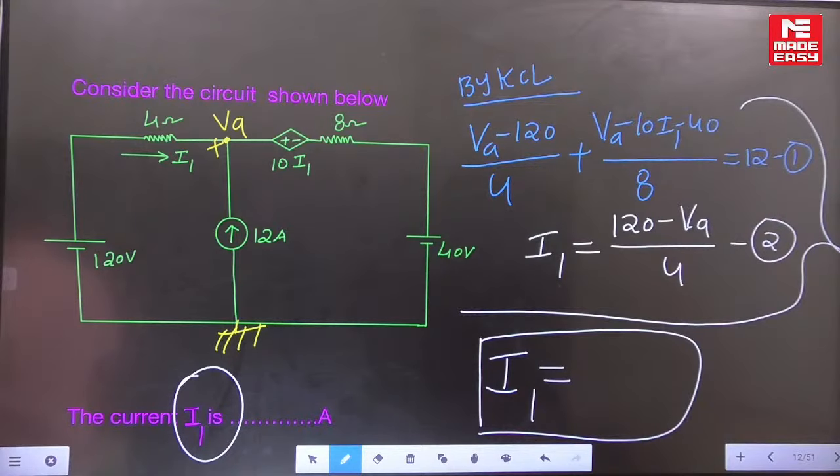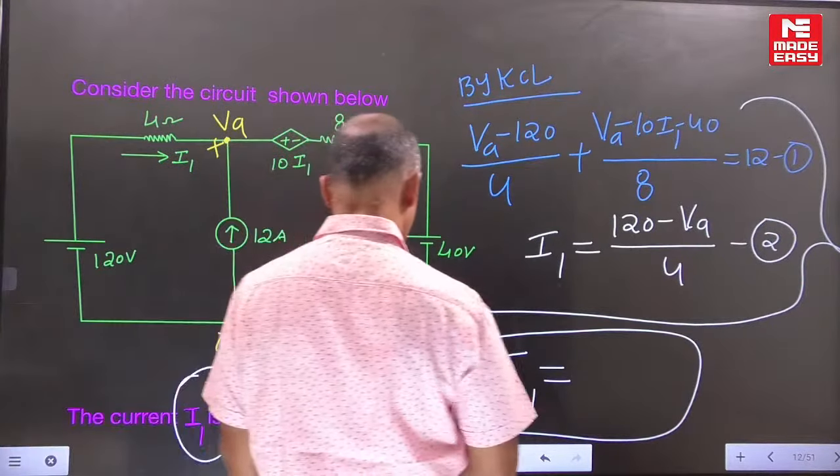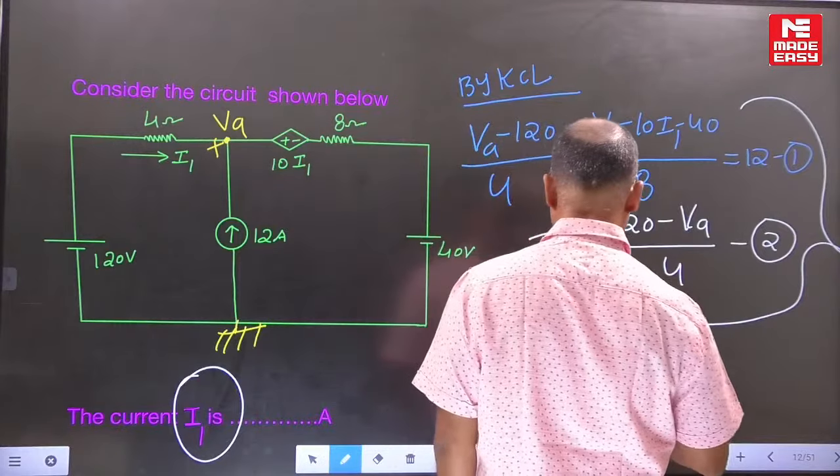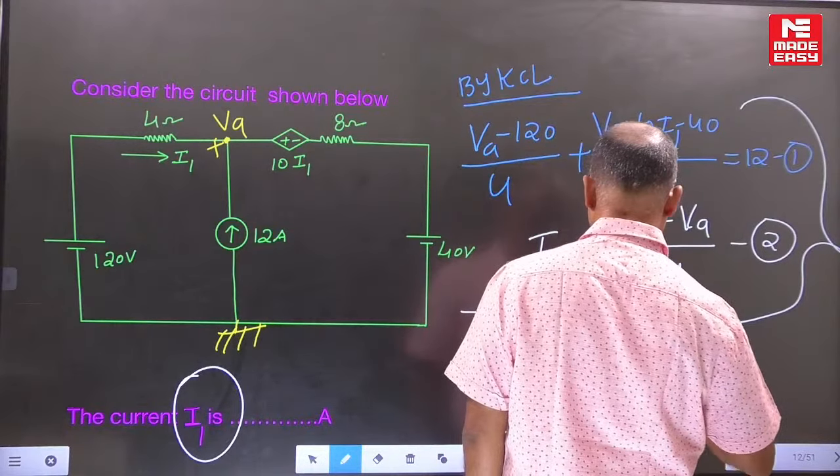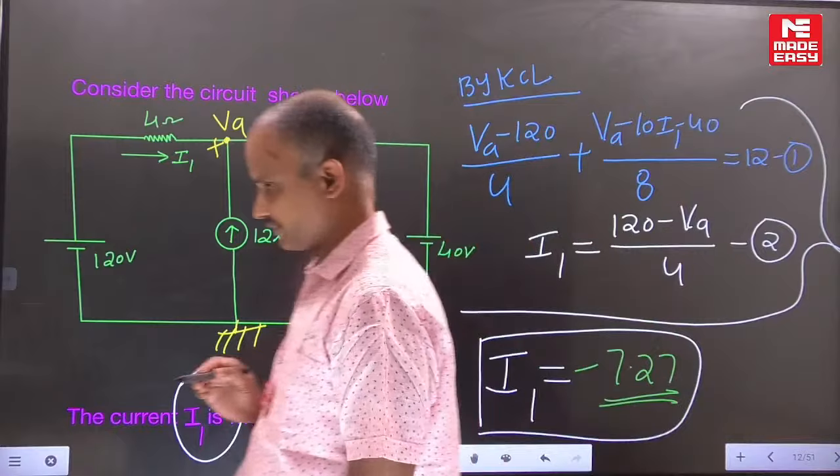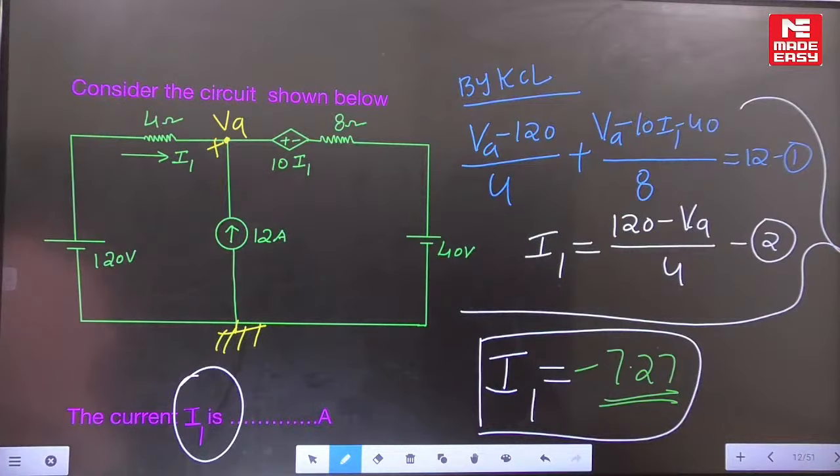Anybody has the I1 value? Minus 7.27. Is it correct? Check it out. Many students are saying like this, minus 7 point or 0.27.